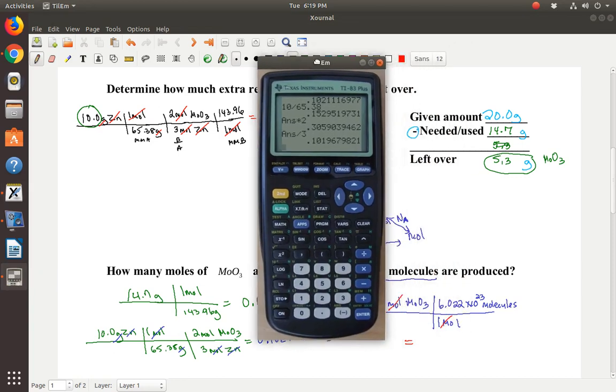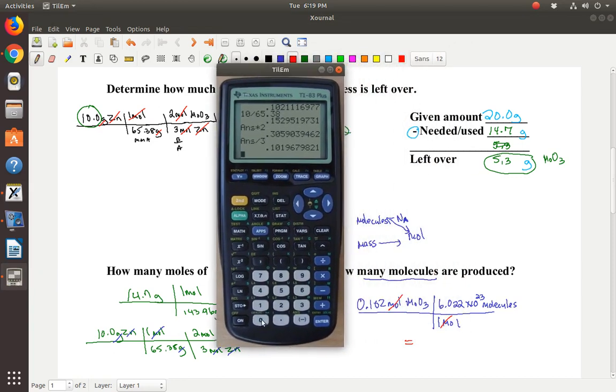So let's do that math. We have 0.102 times 6.022, second function, double E, 23, enter. 6.14 times 10 to the 23rd.